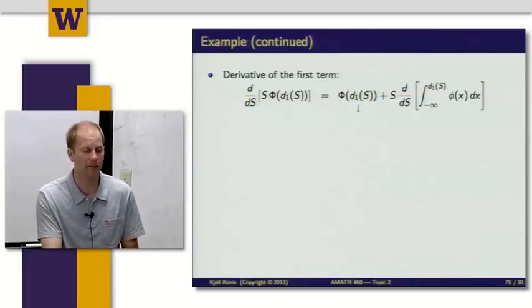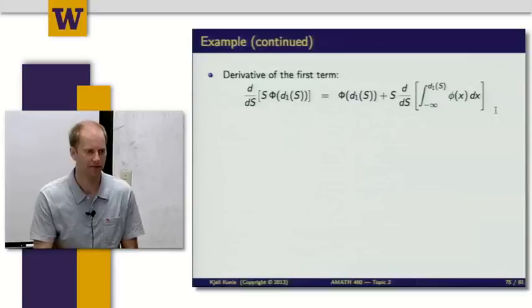So I just have the second piece here. Then plus s times the derivative of this guy, and I'm just going to replace that by its definition. So that's the definition of capital Phi of d1 of s, the integral from minus infinity up to d1 of s of little phi of x.